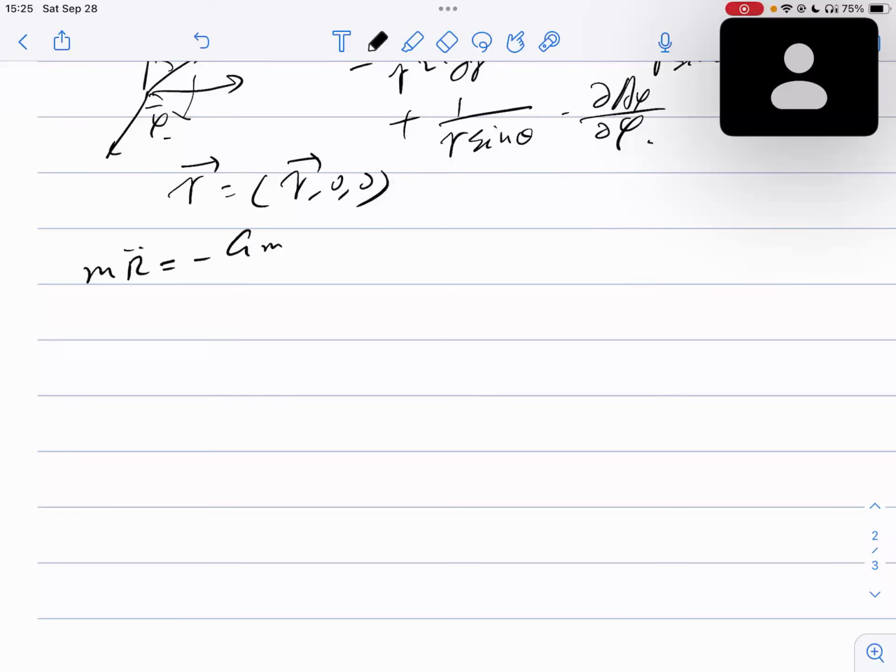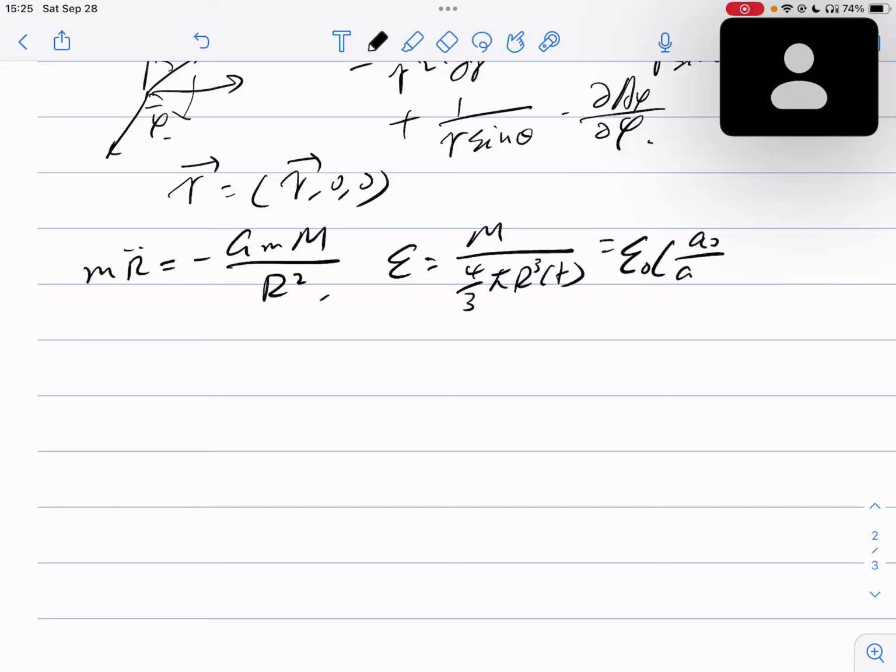G M over R squared. Recall the equations above about the energy density: M equals 4 pi over 3 r cubed epsilon, which equals epsilon_0 a_0 cubed, and r(t) equals a(t).